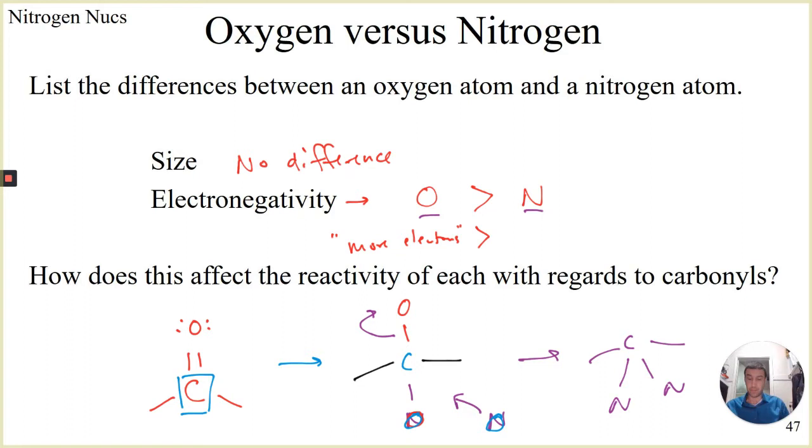In the case of nitrogen, however, because it is more willing to share, I don't need a second equivalent of the nitrogen. The very first nitrogen I add can be used to chase out the oxygen. Which means when I get to the product, I'm going to see a double bond to the nitrogen and our oxygen chilling out on its own.